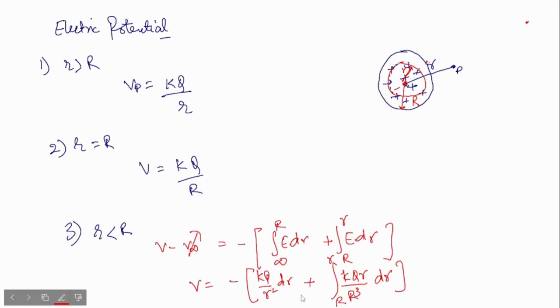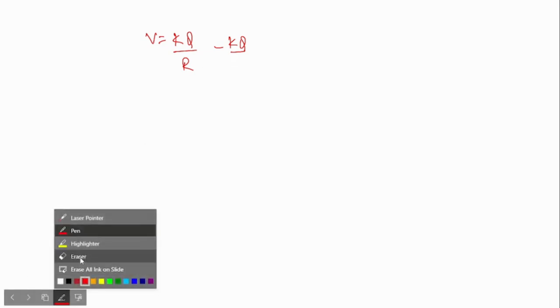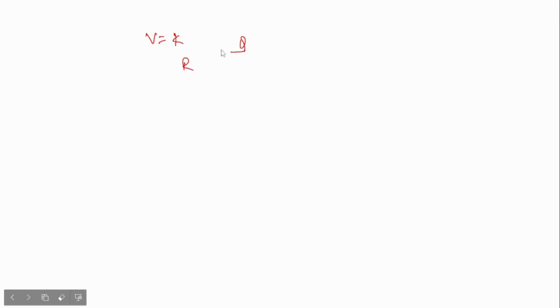Now you need to integrate this. This limit is from infinity to capital R, and this limit is from capital R to small r. Now V will be, outside, kq by R minus kq by 2R³ into (r² minus R²).